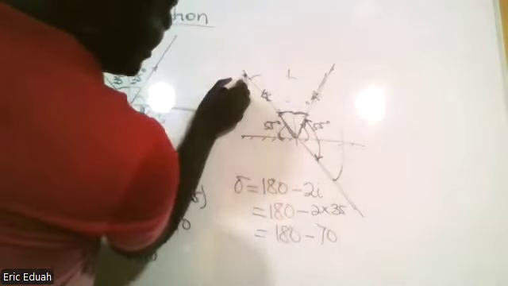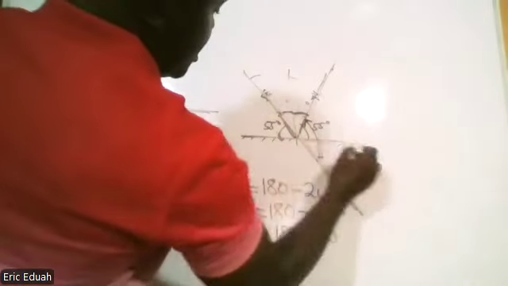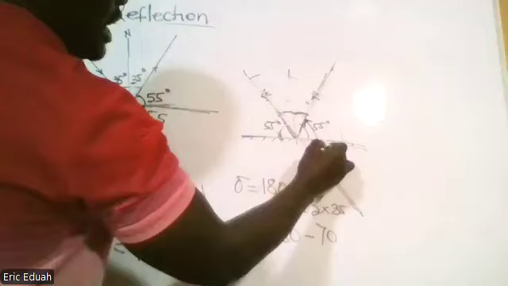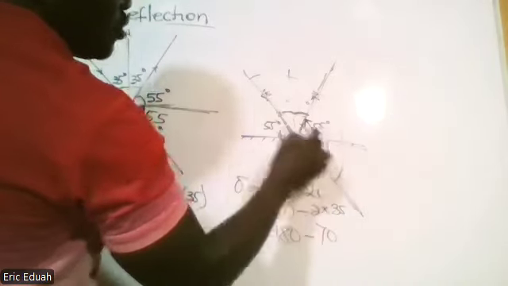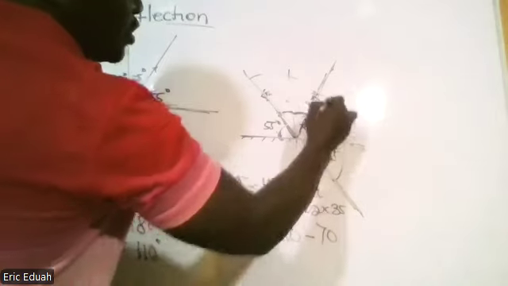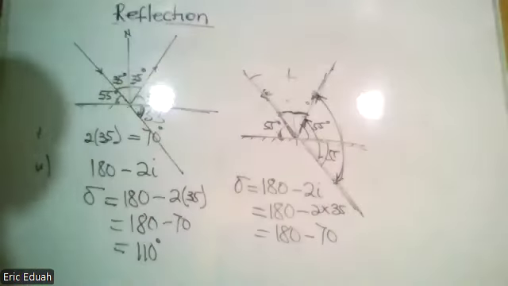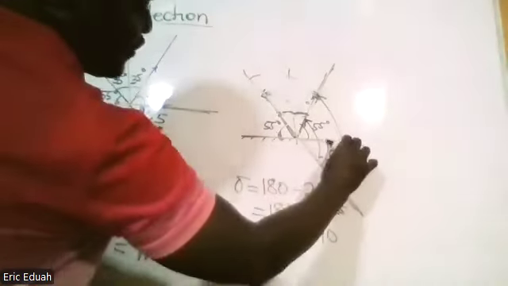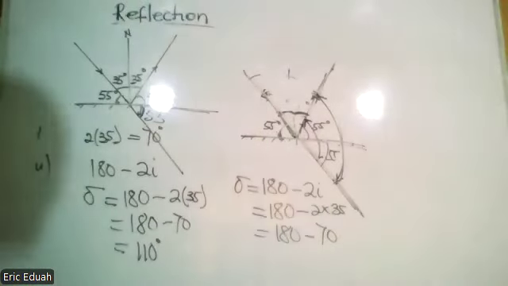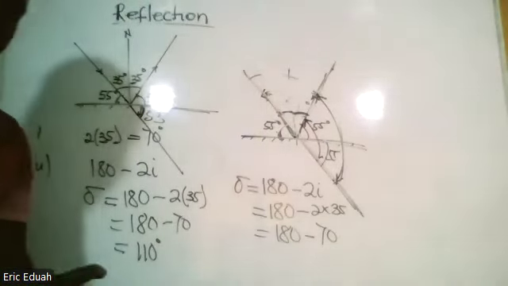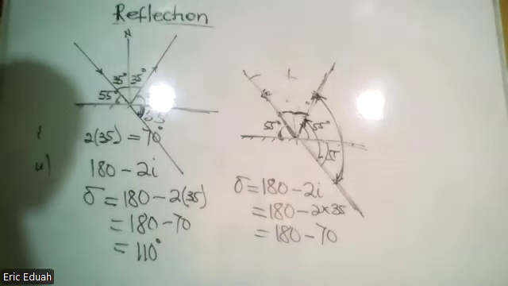By the vertically opposite angle rule, if this is 55, then it is equal to this angle, so this will also be 55. The angle we are looking for, the angle of deviation, will be this 55 plus this 55, giving us 110. So this is a plan B way of looking at the angle of deviation.